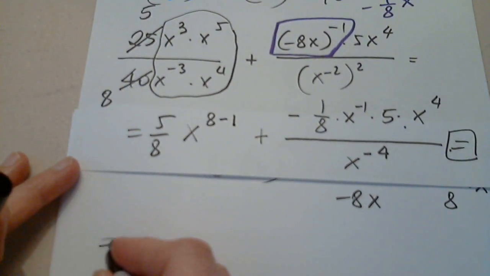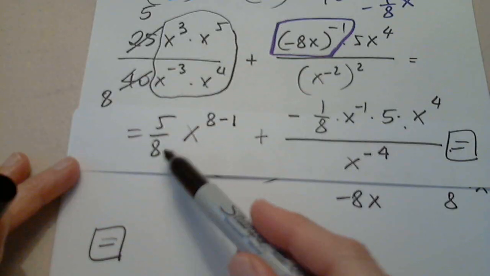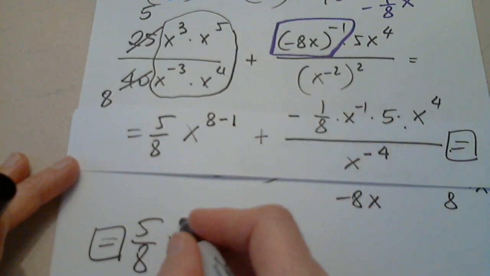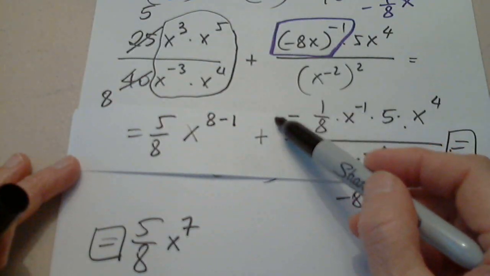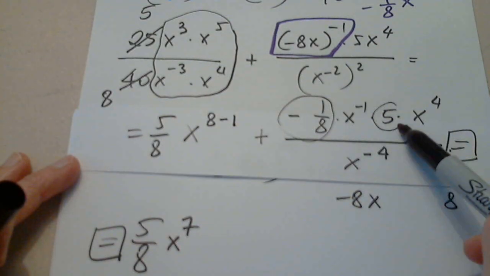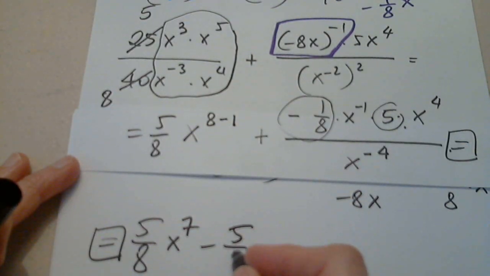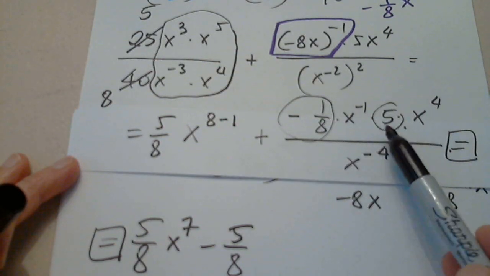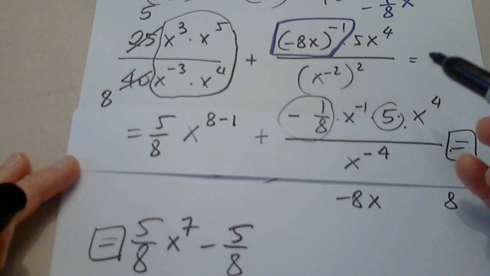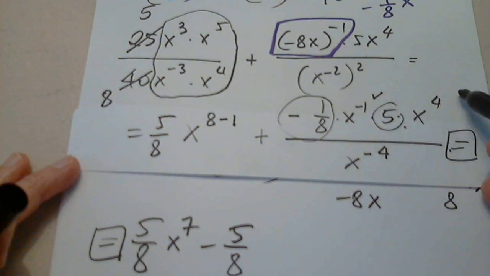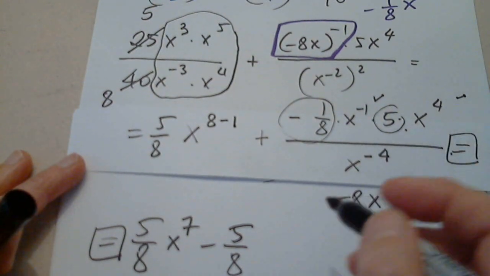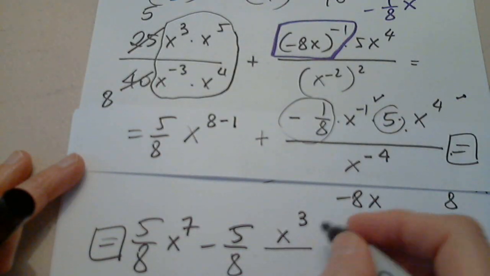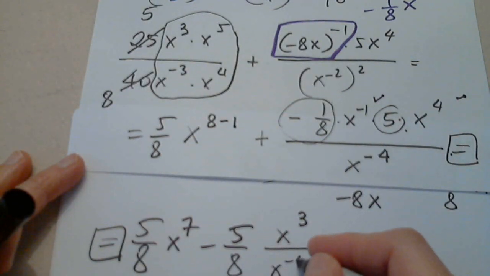So then we have here, the first term is still 5 over 8, x to 8 minus 1, which is 7. Now, this with this is negative 5 over 8. So negative 1 over 8 times 5 is negative 5 over 8. Now, x to negative 1 times x to the 4th is x to the 3rd. Copy the base, add the exponents, divided by x to negative 4.